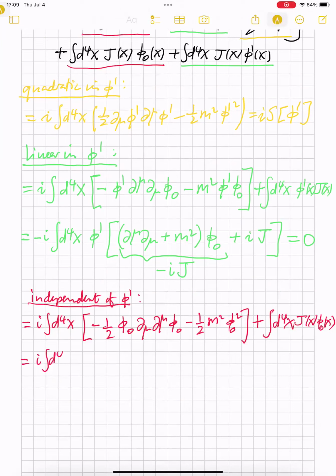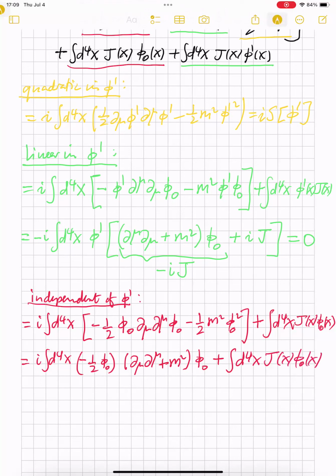I integral d4x will have minus 1/2 phi naught, and then we've got d mu plus m squared phi naught. Okay. And that's the first term on the previous line. And then we've got plus integral d4x, and we've got j of x phi naught of x. Good. Now, here again, we see our differential equation appearing, and this is minus ij.